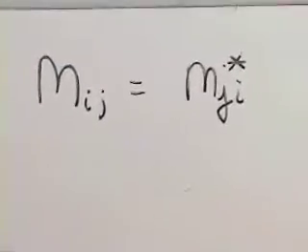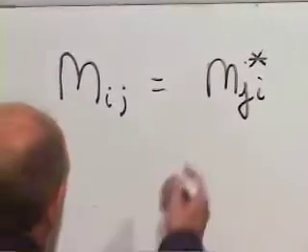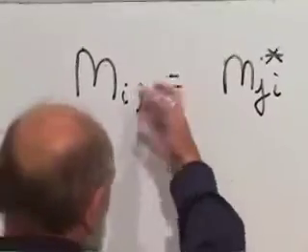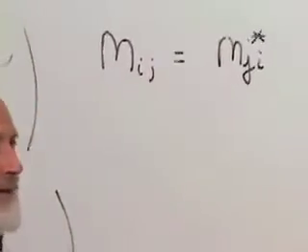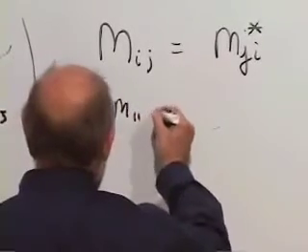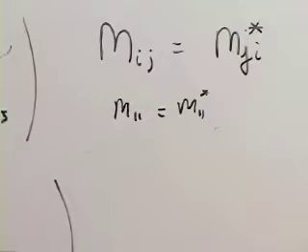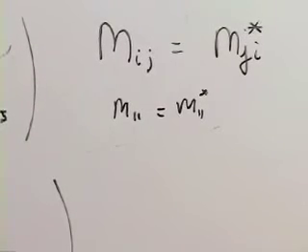What it says, first of all, is that the diagonal elements are real. If you interchange i and j on a diagonal element, you just get the same diagonal element. So M11 is equal to M11 star. That means that M11 is real.